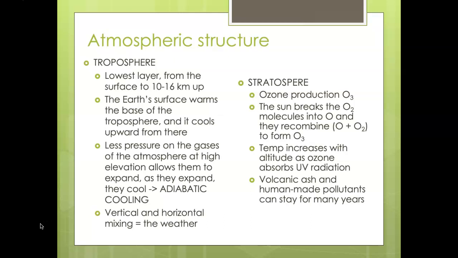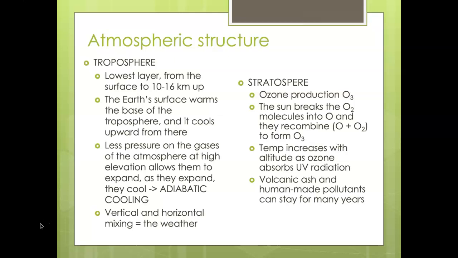So the molecules are further apart, and that cooling is called adiabatic cooling. The air is cooler and thinner. That's why you have to have, well, you don't have to, but it makes you live longer if you have an air tank on top of Mount Everest. This is also where the weather is, vertical and horizontal mixing of high pressure, low pressure, cold air, warm air.